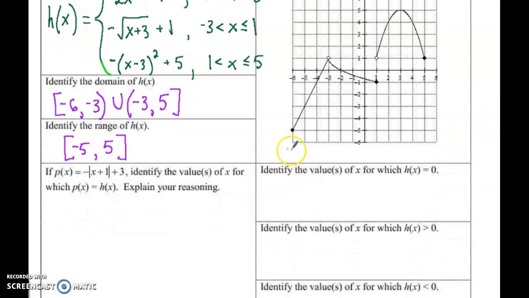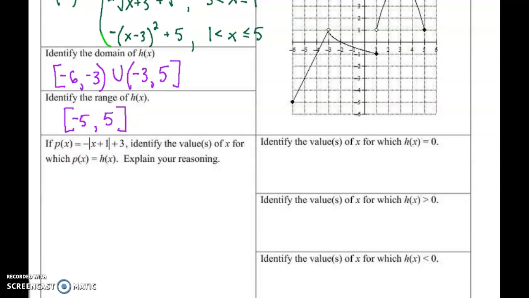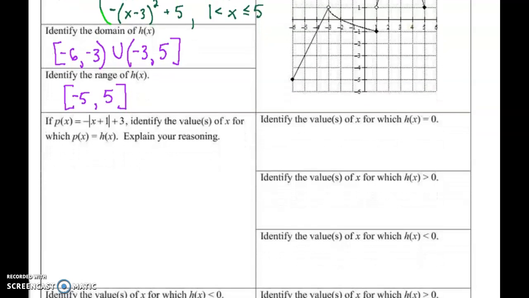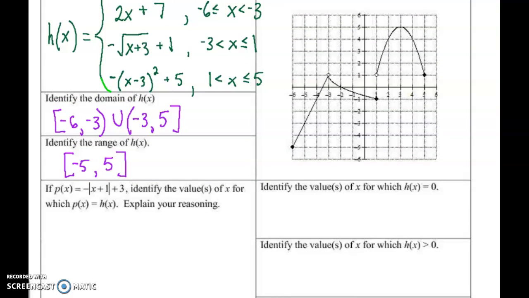Okay, so now with the next part, p of x, I think it's probably easiest if you graph this problem and actually graph, because this is the absolute value function. It's a V shape, shifted left 1, up 3. So left 1, up 3.